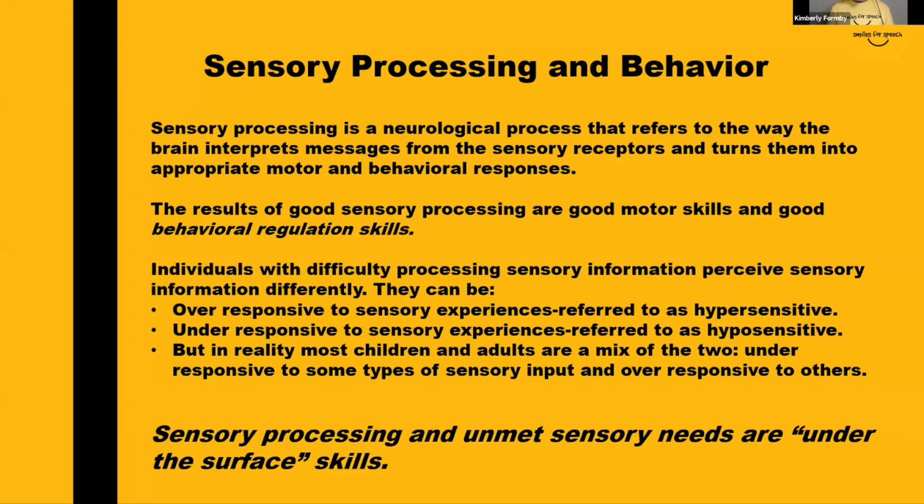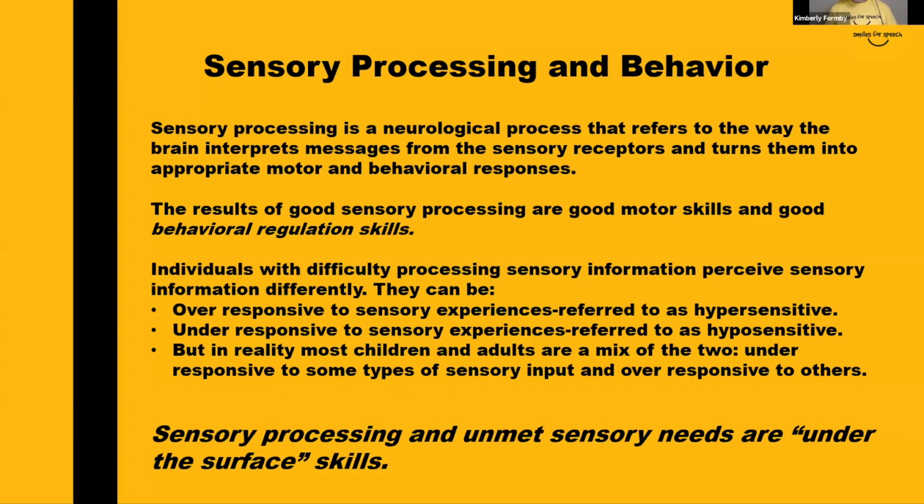So if a child has good sensory processing skills, they're able to take in sensory information and their brains are able to process that sensory information to produce motor skills and behavior skills that are appropriate to the situation.